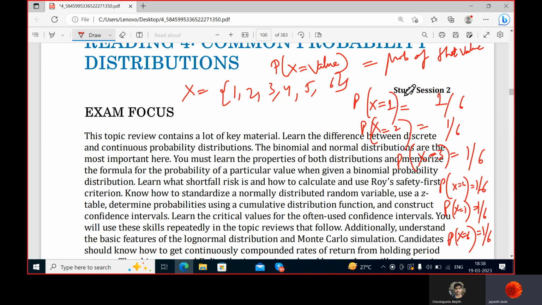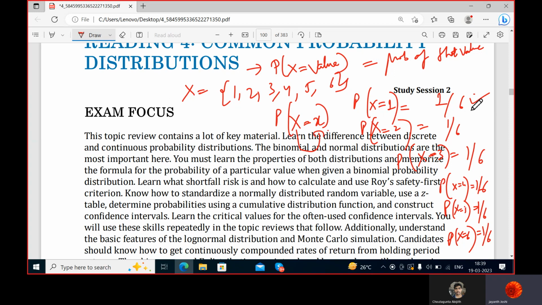Looking at all these probabilities, can I say this is a probability function? It can be denoted as P of X equal to small x, that is, capital X taking some value, correct? Capital X is the random variable, and here that random variable is X. So X being 1, we put in this and we get 1 by 6, correct?